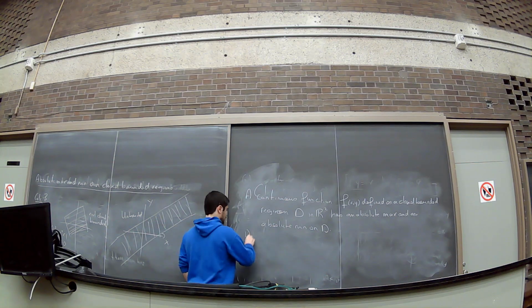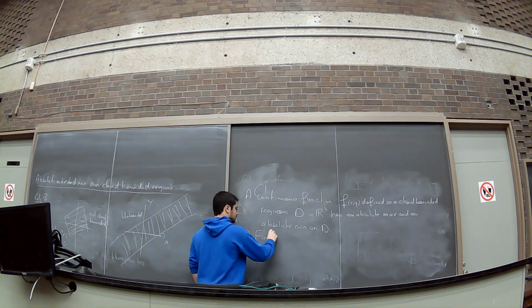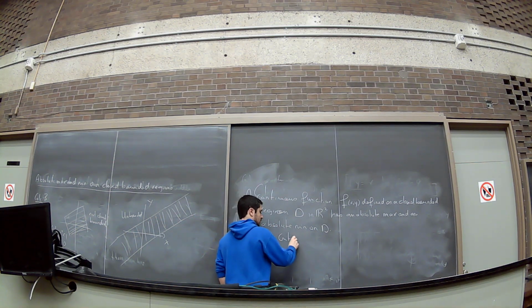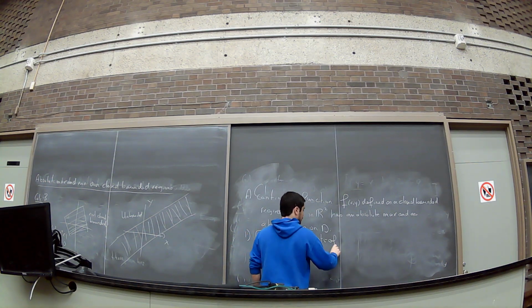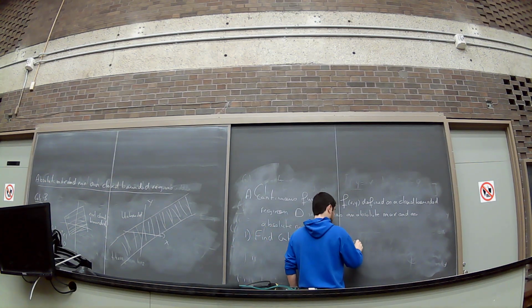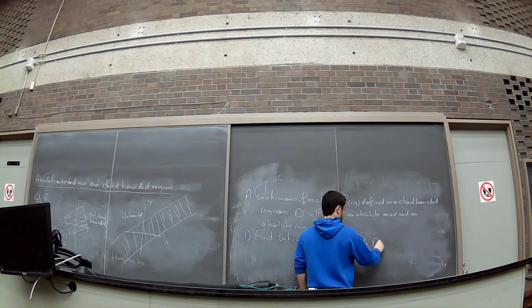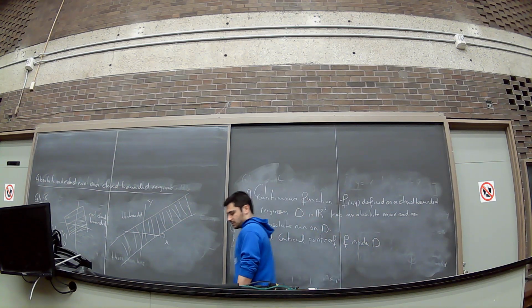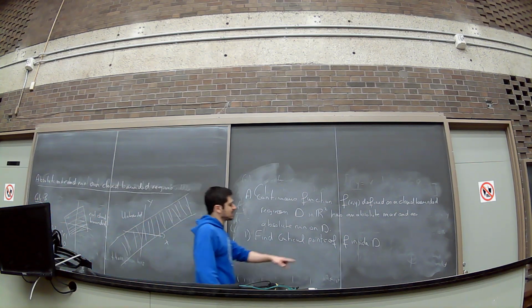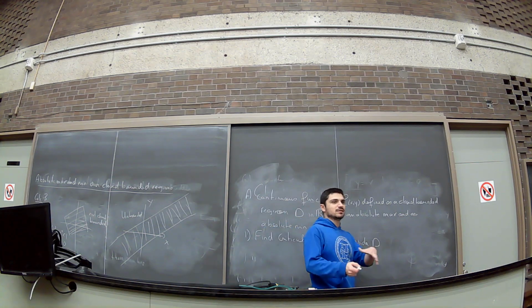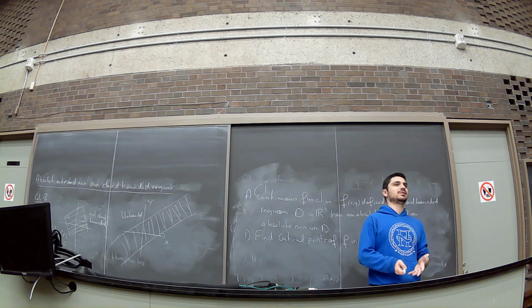It's the same way. One, find critical points of F inside D. Okay, so not on the boundary, right? Because technically you cannot differentiate on the boundary.